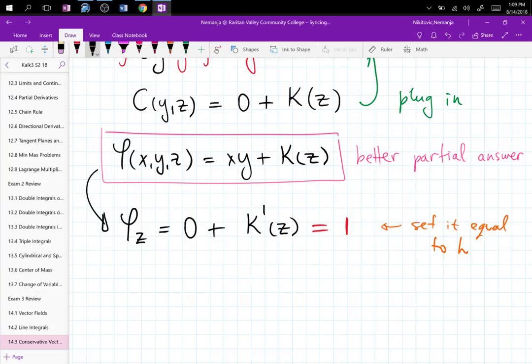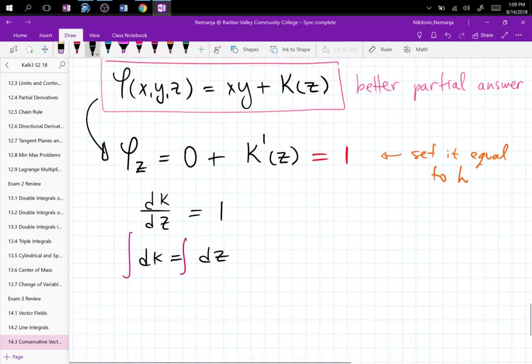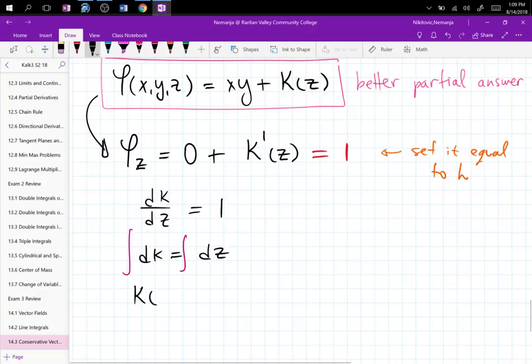So now we have dk dz is equal to 1. That's a separable partial differential equation. So dk is equal to dz. We integrate both sides, and from there we get that k of z is equal to z plus some constant m.